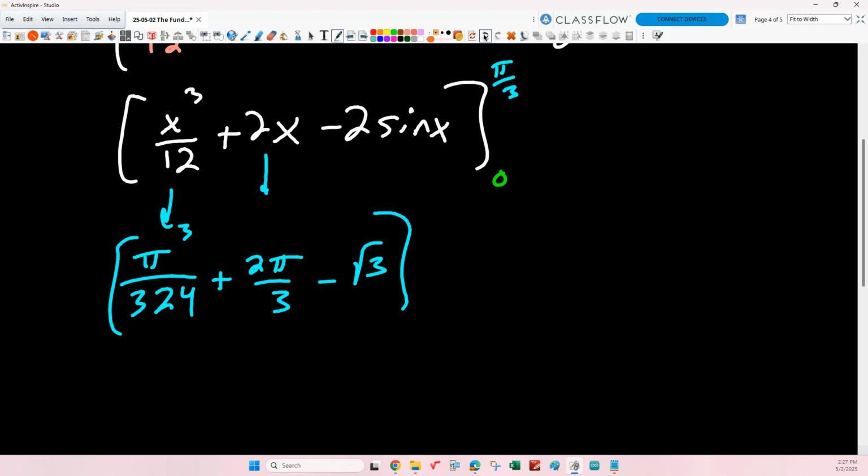So that's all the stuff I get when I evaluate it at pi thirds. What am I going to get when I evaluate it at 0? 0, exactly. So that's my answer right there. Whatever that is, that's my answer. Just some number.